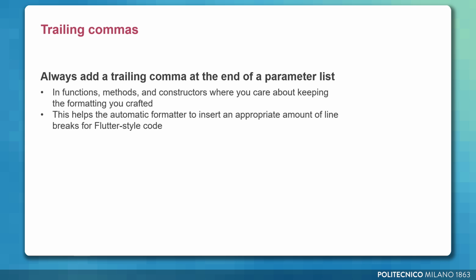It improves how Dart's built-in formatter structures your code. When lists, function calls, or widget trees span multiple lines, the presence of a trailing comma prompts the formatter to neatly align each element on its own line, making the code easier to read and maintain.